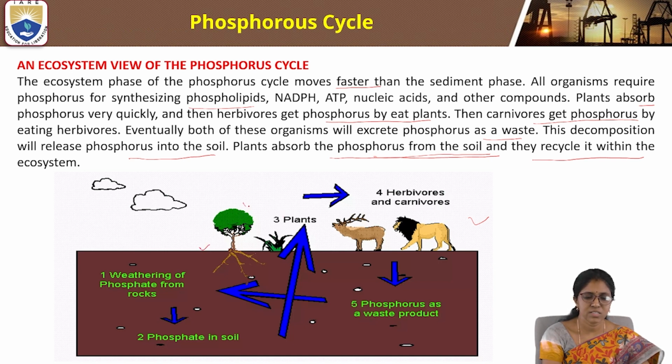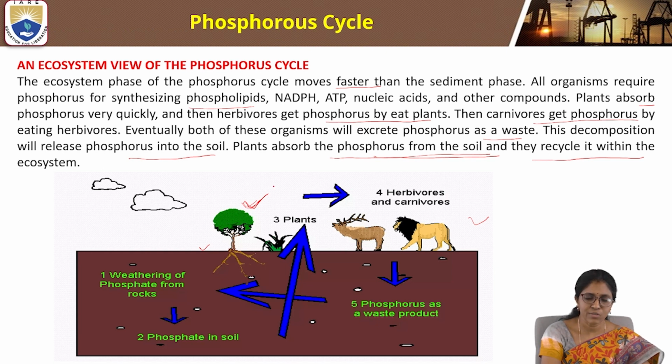The plants are consumed by the herbivores, and the herbivores get phosphate.